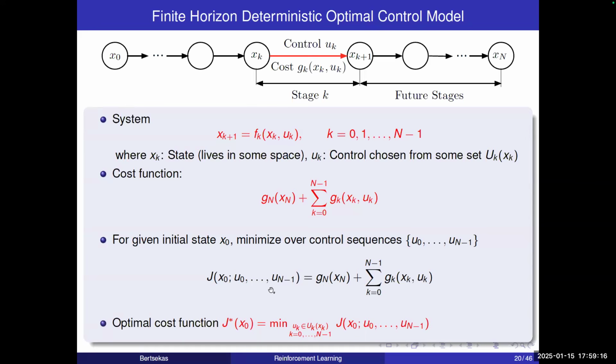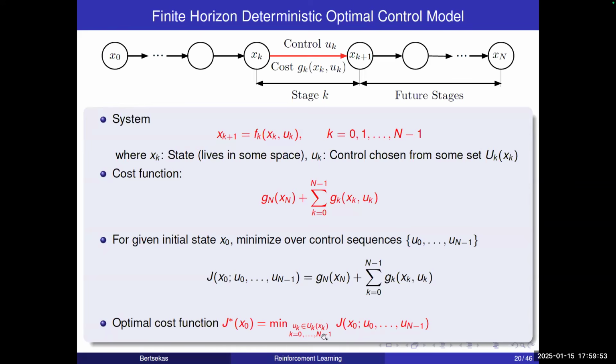And our goal is, for the initial state that we are starting from, to find among all the control sequences that fulfill the control constraint set the one such that its cost function is minimized. So given an initial state, we want to find among all the feasible control sequences the one that minimizes this cost function.